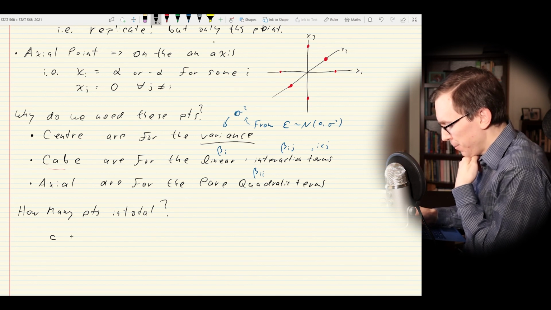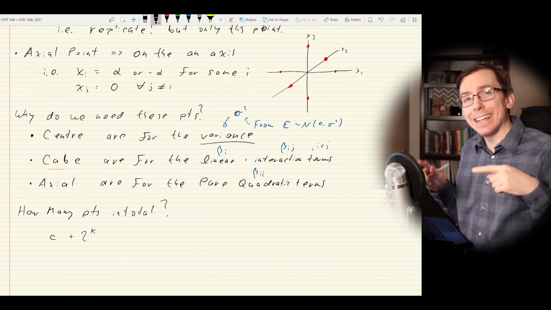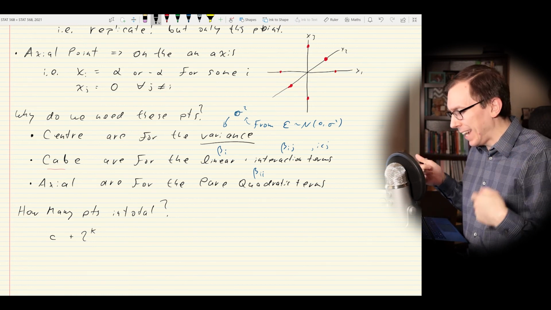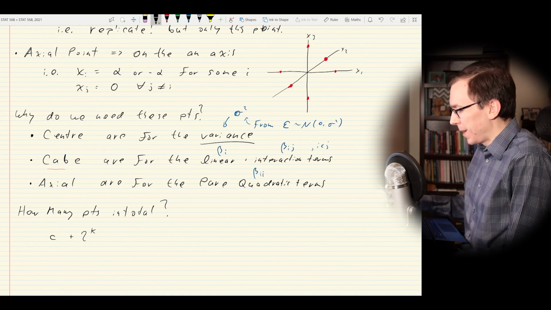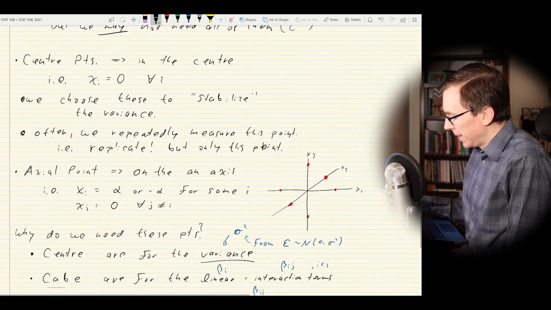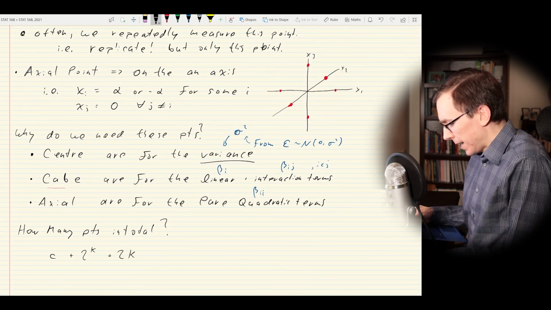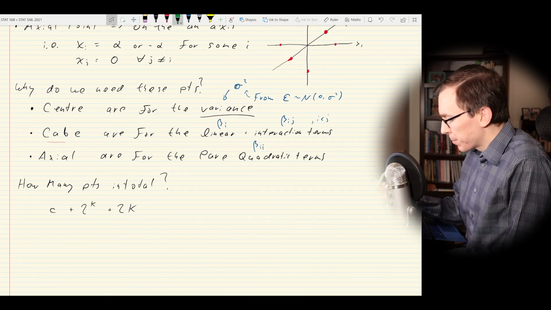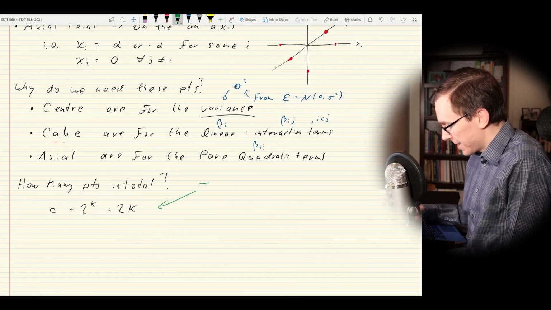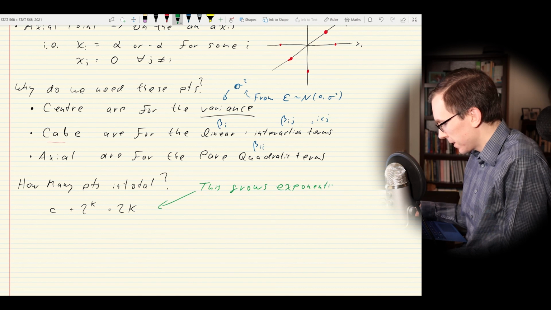If I take all of the cube points, well, now I have 2 to the k, because there are 2 to the k different vertices in a k-dimensional hypercube, which correspond again to those points up here, the green dots on the vertices. For the axial points, I would get a plus 2k. So the problem is that this grows exponentially in k.